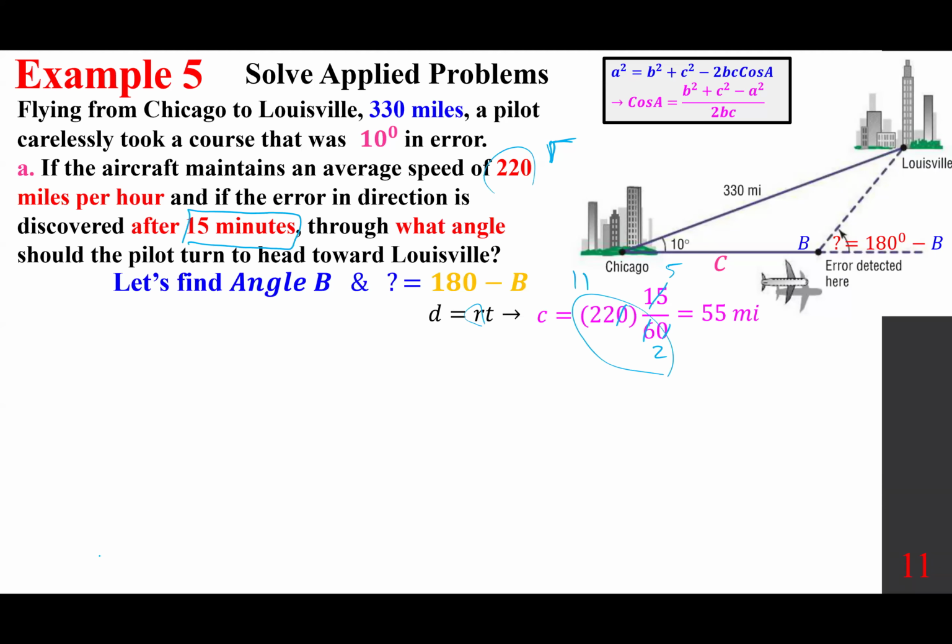Therefore, we are covering the distance of 55 miles in the wrong direction. So let's call this something. For example, this distance is A, and we're going to use A squared equals B squared plus C squared minus 2BC cosine A.